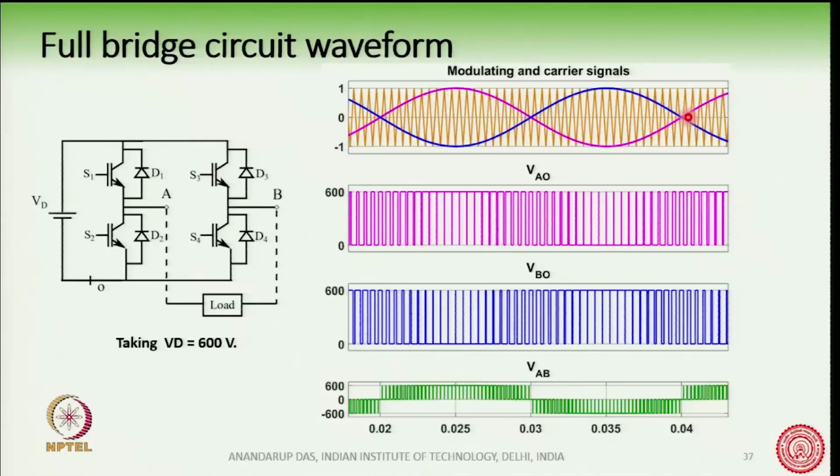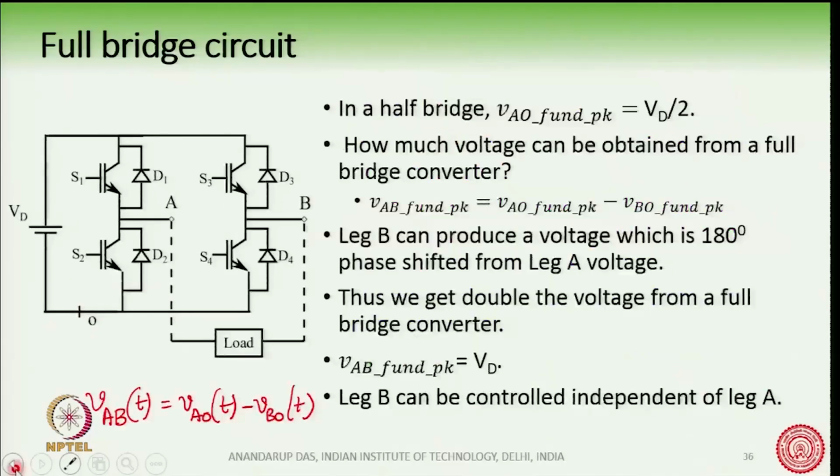The voltage produced by phase B, the fundamental component of it, is shown by this blue curve. So, what happens then? If they are 180 degrees phase shifted, we can get double the voltage from the full bridge converter.